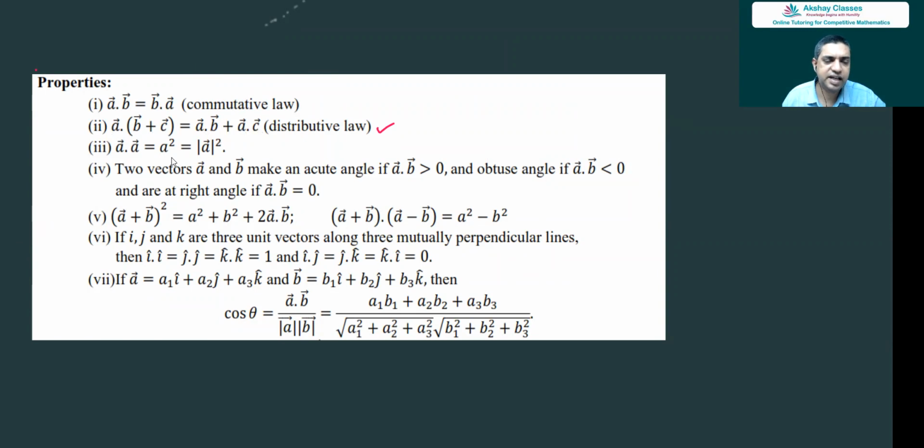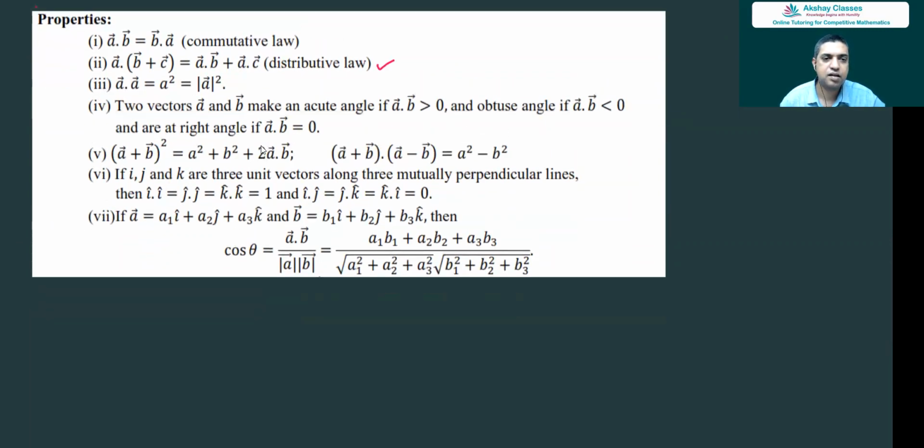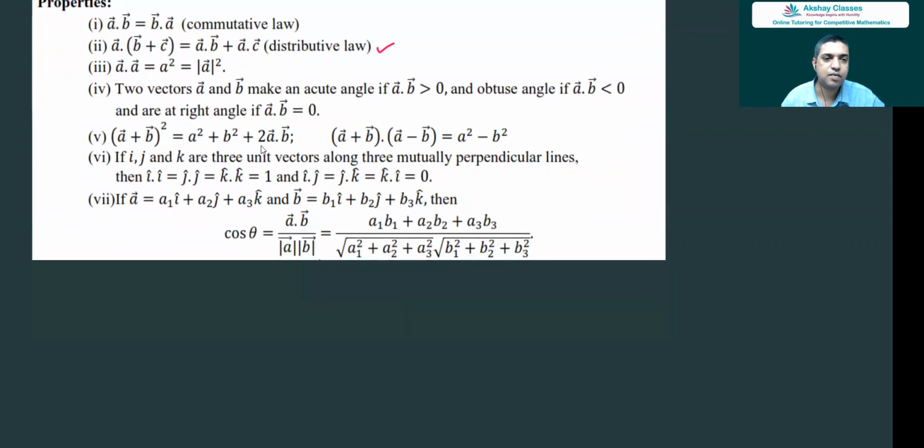And then A dot A is equal to mod A whole square. This is A dot A. Now two vectors A bar and B bar make an acute angle if A dot B is positive, an obtuse angle if A dot B is negative.